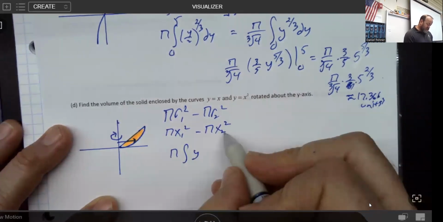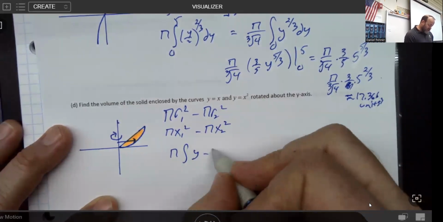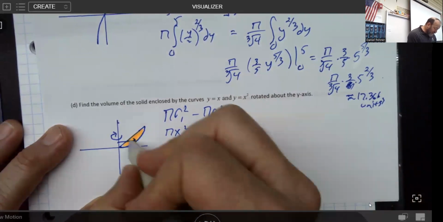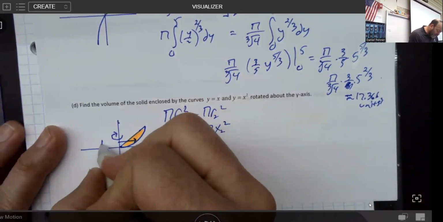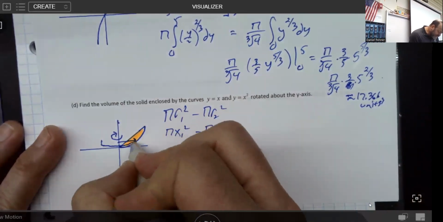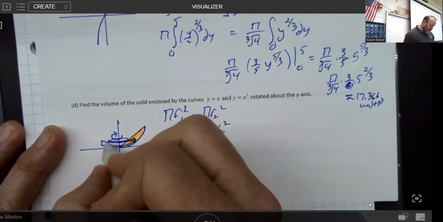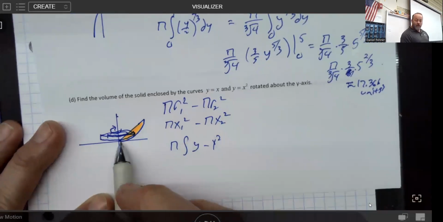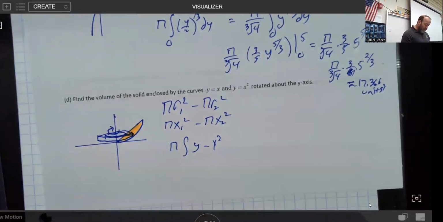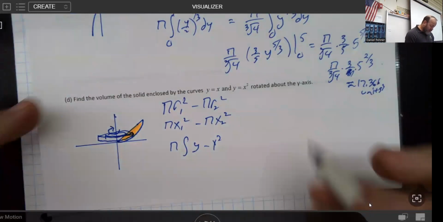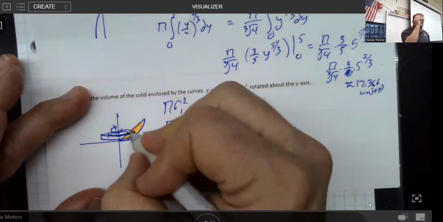And if I'm taking x squared, that is in fact y squared. We're going around the y-axis, so keep in mind as we look through our pieces, this is a washer because we're going to have that center part removed. We are looking at a dy because that is the thickness.